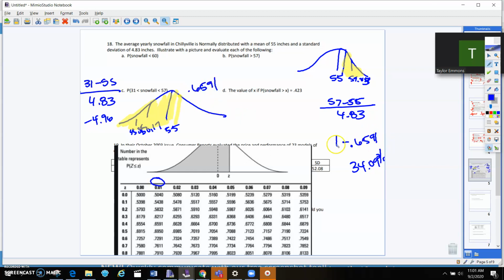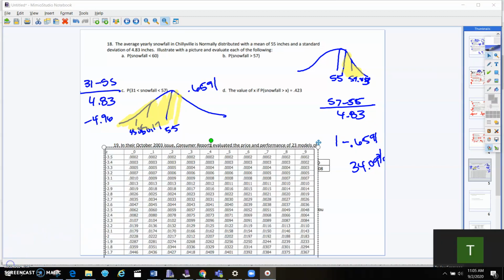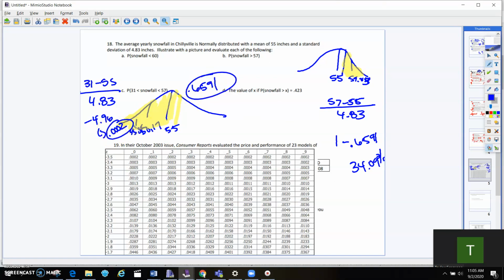But remember, we have to use the negative z-score table for the other. Since it's off the chart, because most z-score tables only run to negative 3.5 and right now we've got negative 4.96, we're going to assume the score is 0.0002. And now we're going to take these and subtract them.